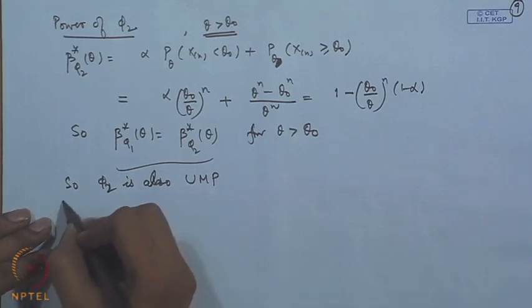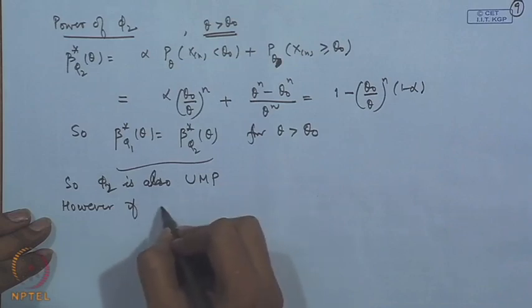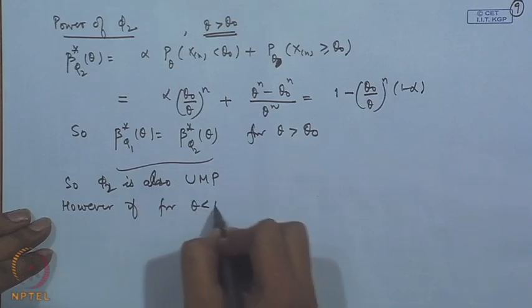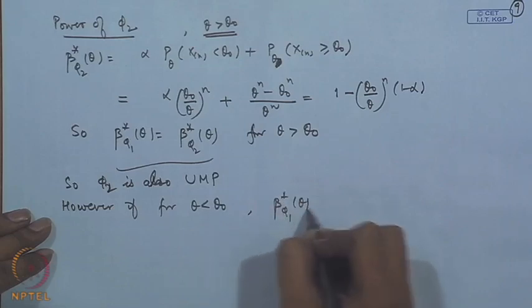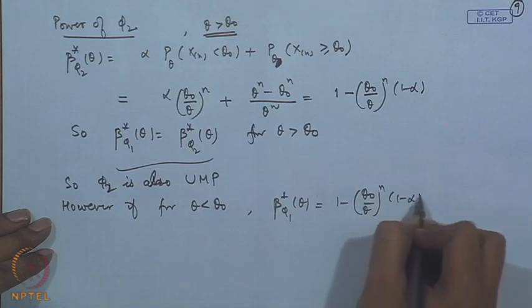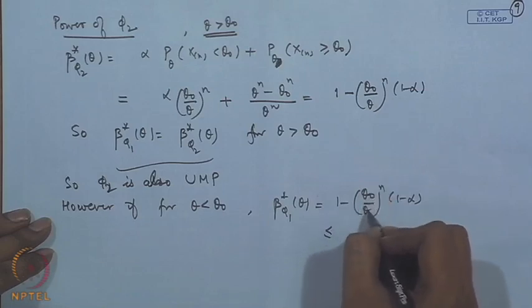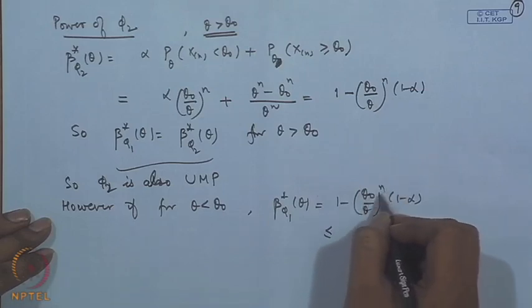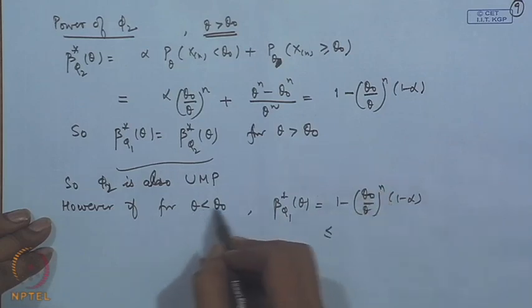However, if we consider the power function for theta less than theta naught, beta phi 1 star theta, that is 1 minus theta naught by theta to the power n into 1 minus alpha, that is going to be less than or equal to, see theta naught by theta to the power n is greater than 1 if theta is less than theta naught.